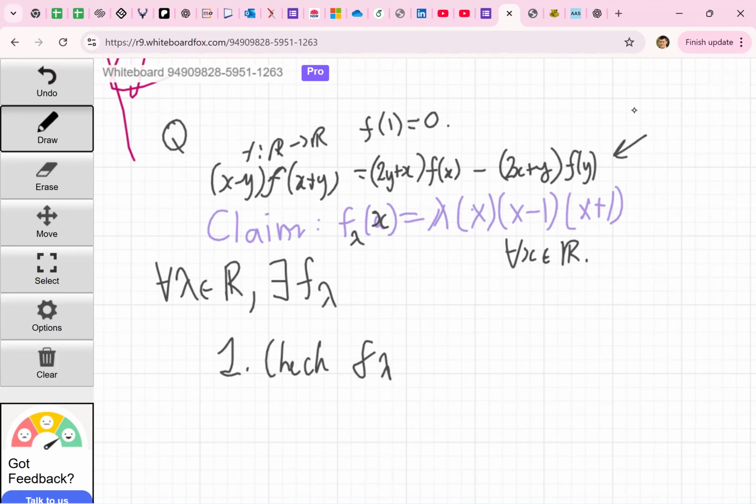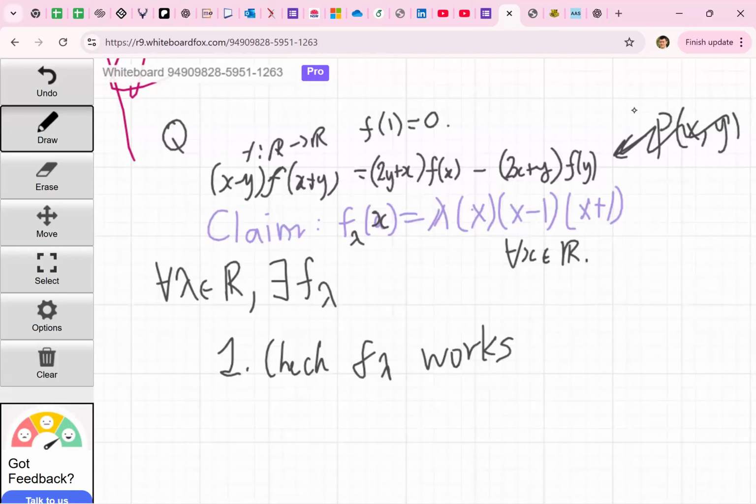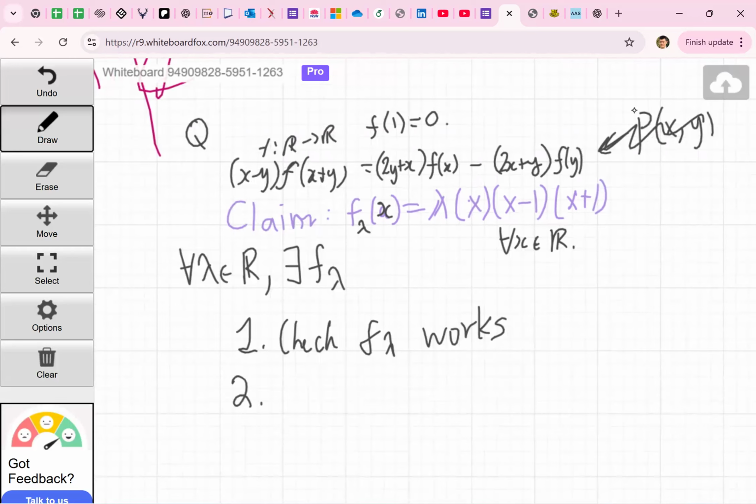We can call this like P of x y or something. Then we prove f is odd.